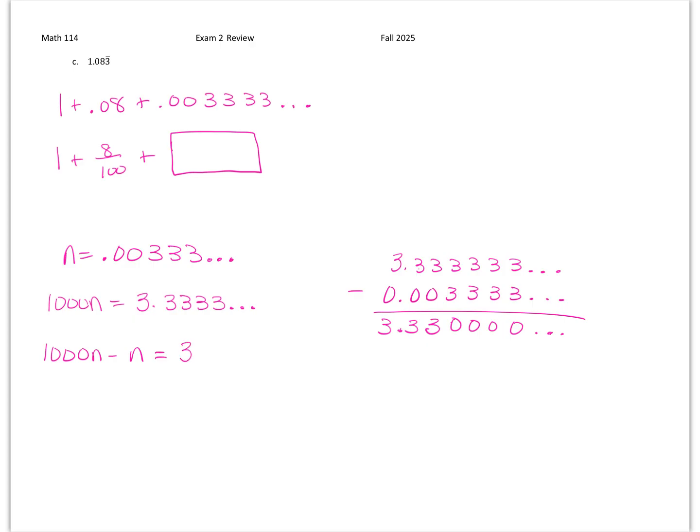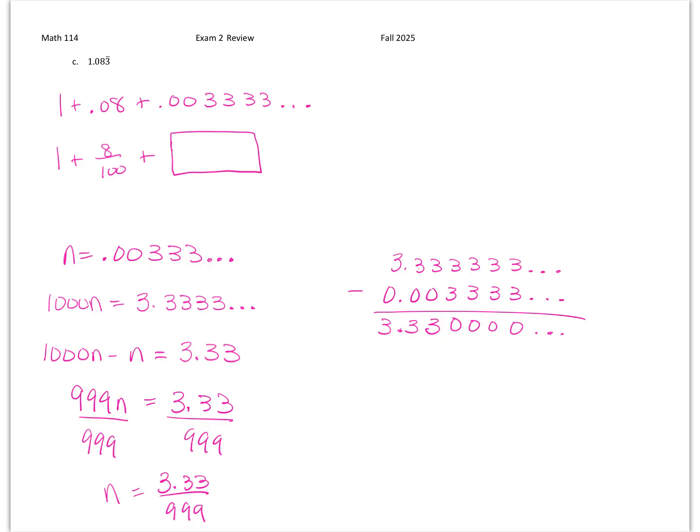So I have 3.33. And that is 999 n is 3.33, which means that I can divide both sides by 999. And I get n is 3.33 over 999. I don't love having a decimal in a fraction.